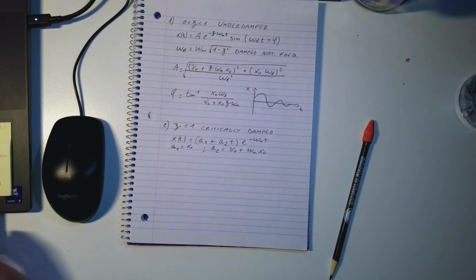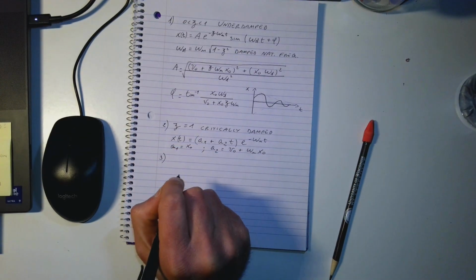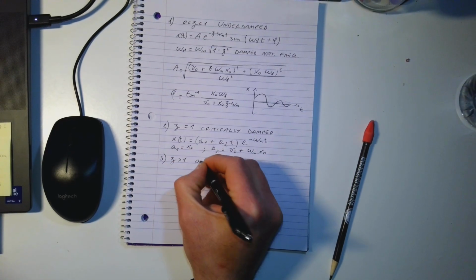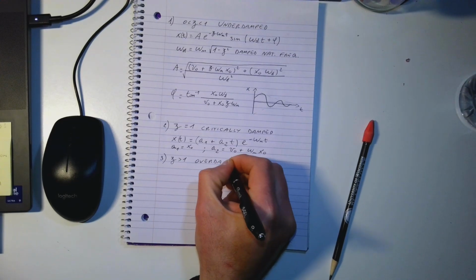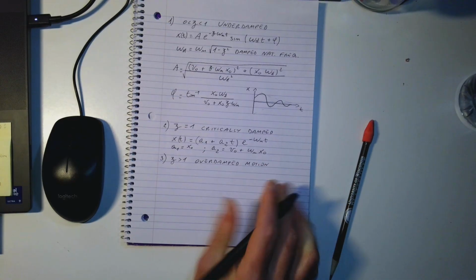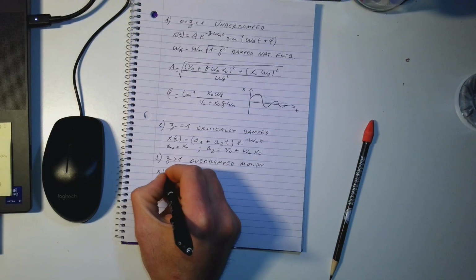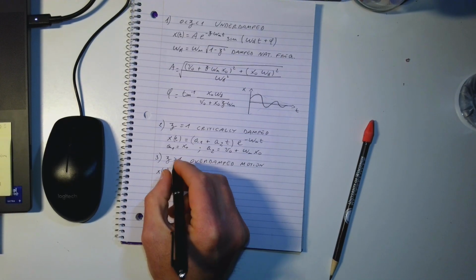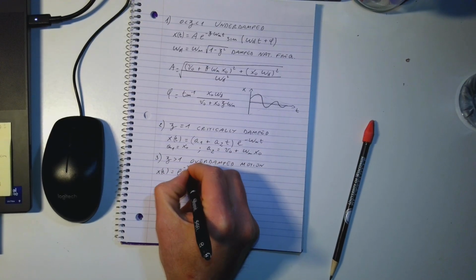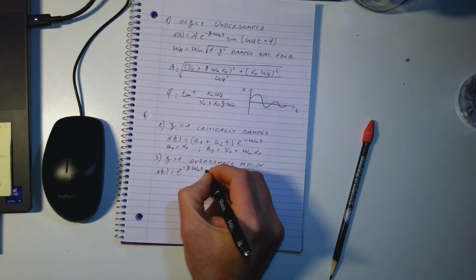And then the third case, when we have overdamped motion, so zeta greater than 1. In this case the solution looks a little bit more complex because x of t is going to be equal to e to the power of negative zeta omega n t, and then this multiplies the following function.